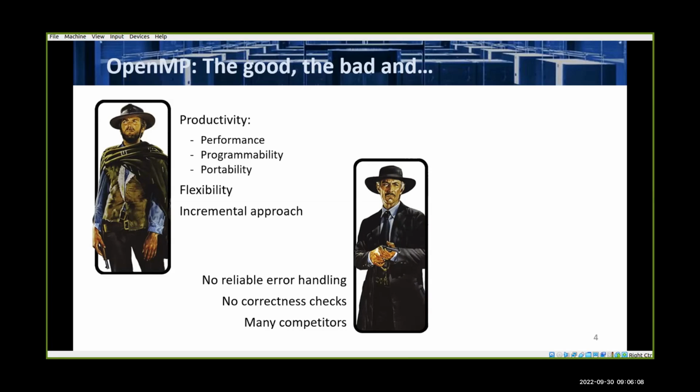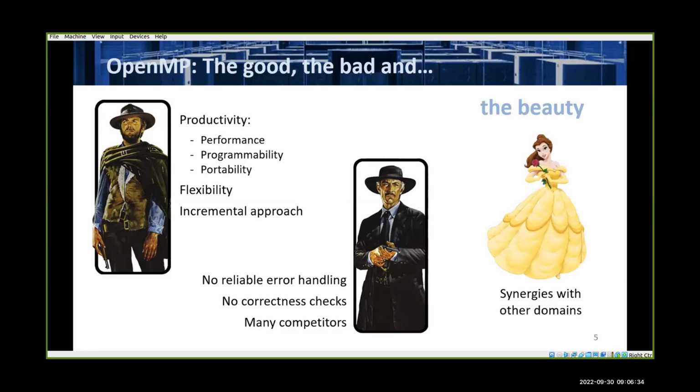And of course, about correctness: responsibilities on users to produce conforming programs, and OpenMP does not say anything about that. And if we look only at performance, it might sometimes be difficult to compete with pure MPI applications or native CUDA applications in the case of NVIDIA devices. So the good and the bad.